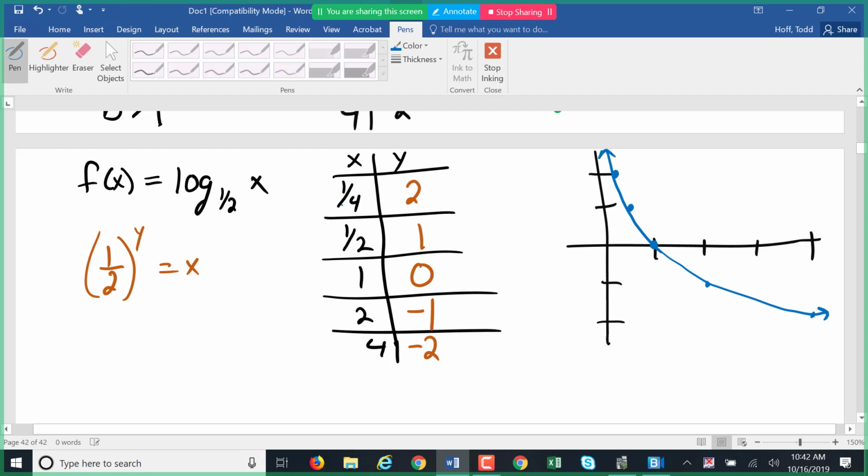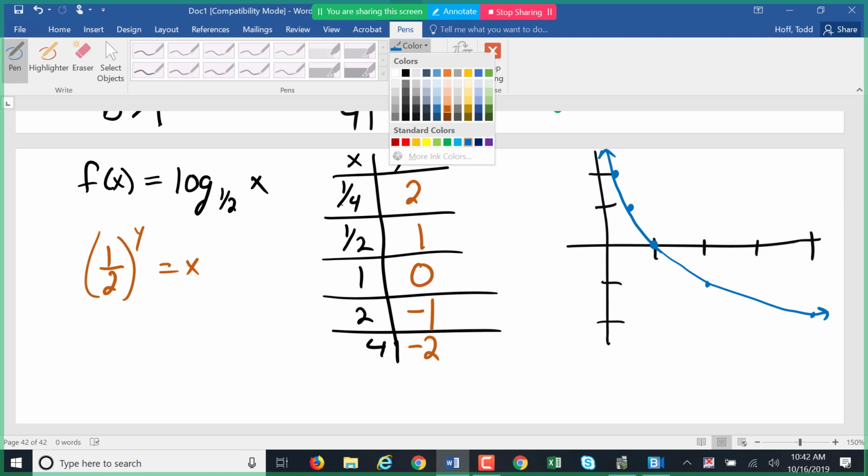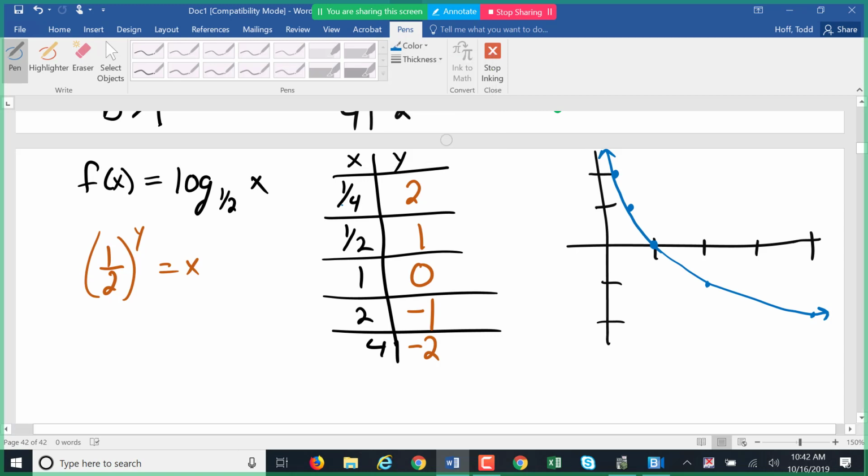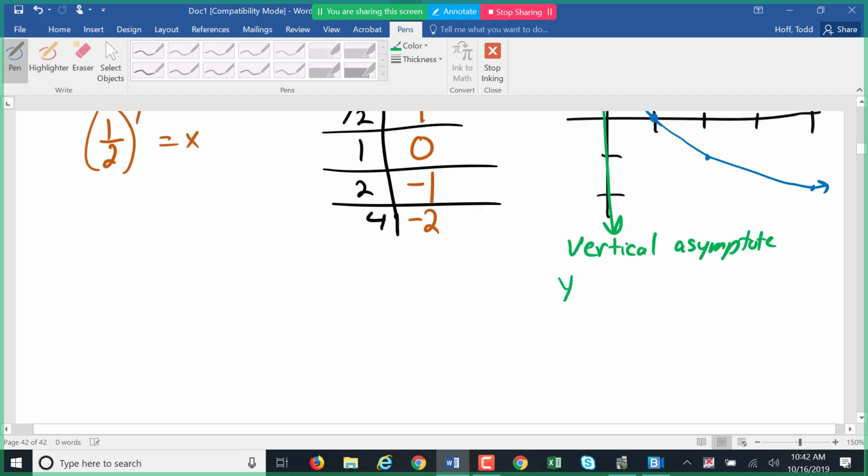Just like what we did with our exponential graphs, we can move these around. First, you'll notice this has a vertical asymptote at the y-axis, or x equals 0.